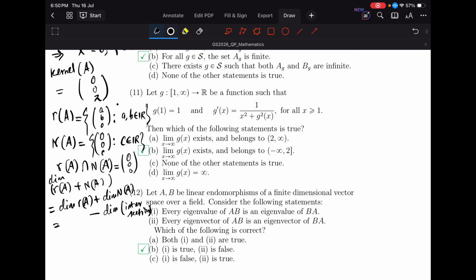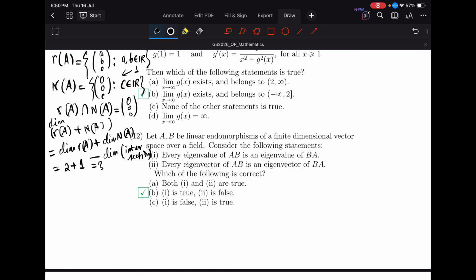The dimension of R(A) is 2 and the dimension of N(A) is 1, so it is 2 plus 1, which is 3. So that will imply that R^3 is R(A) direct sum N(A). Okay.